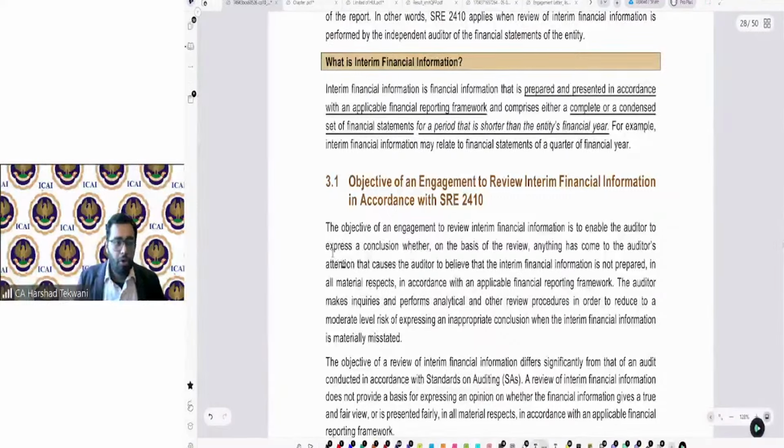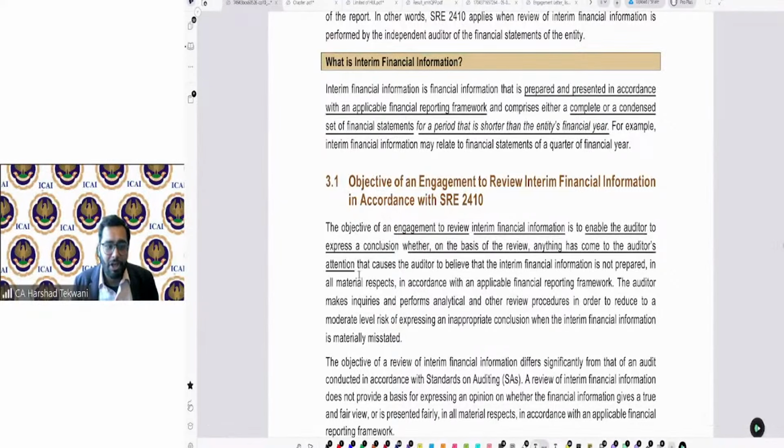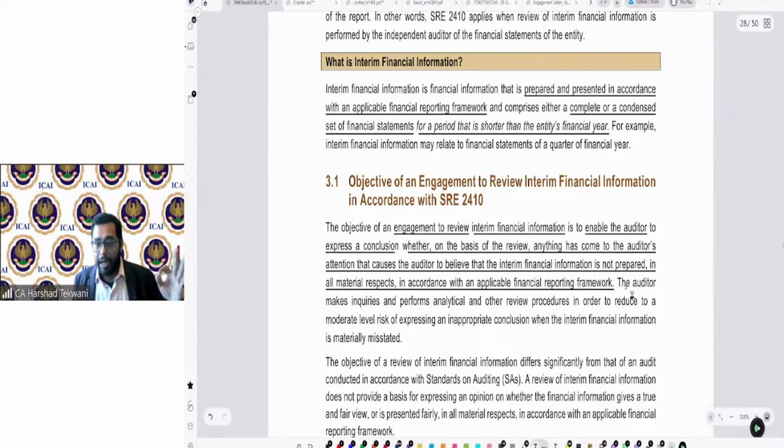The conclusion is whether, on the basis of the review, anything has come to the auditor's attention that causes the auditor to believe that the interim financial information is not prepared, in all material respects, in accordance with the applicable financial reporting framework. Again, because it is a review, it will be negatively worded.